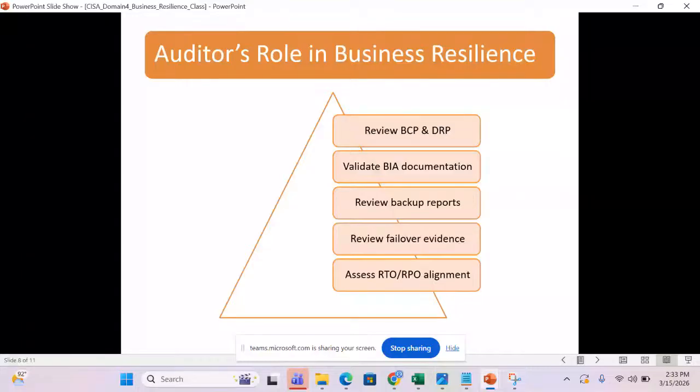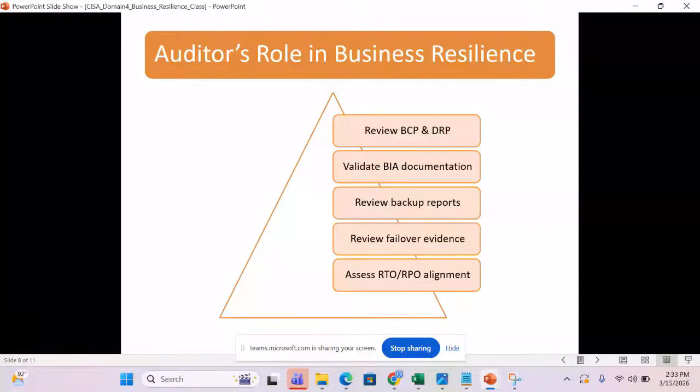For instance, if a bank wants to venture into insurance, you need to go back to your BCP and ensure that insurance has been captured as a key business process, along with the IT dependencies for that insurance business, in your BCP and DRP.